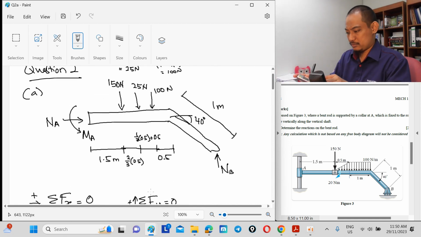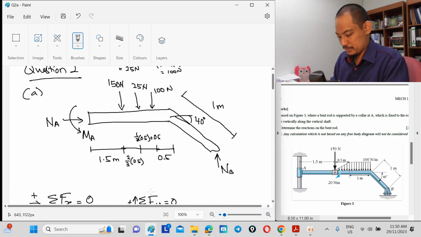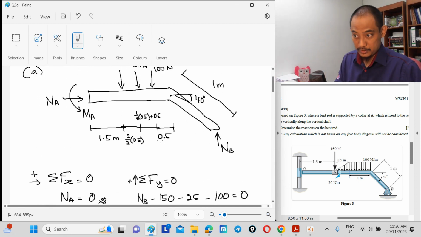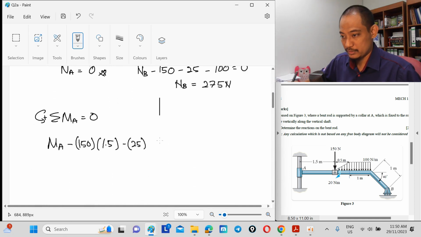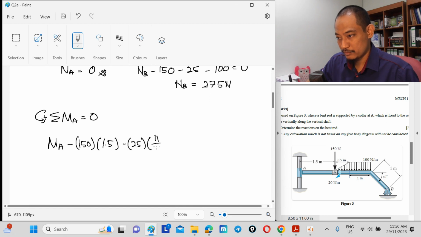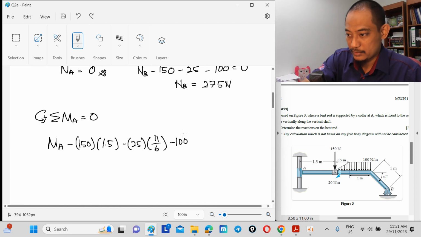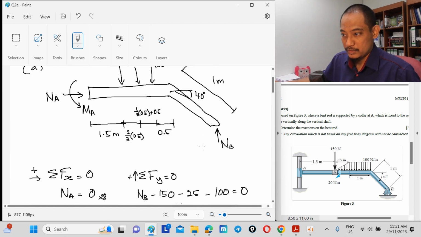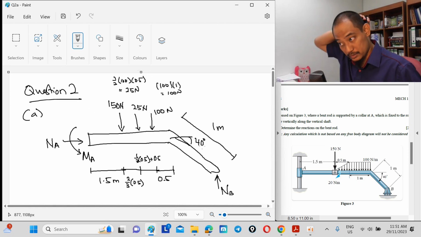What is that distance? 2 divided by 3 times 0.5, 1 over 3, so 1 over 3 plus 1.5, which is 11 over 6. Put that. And then minus 100.